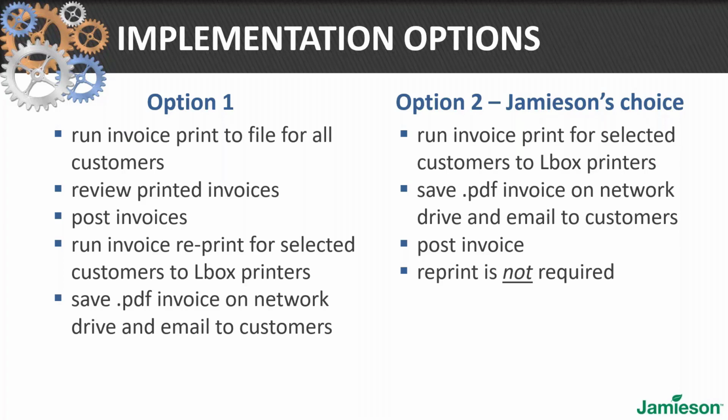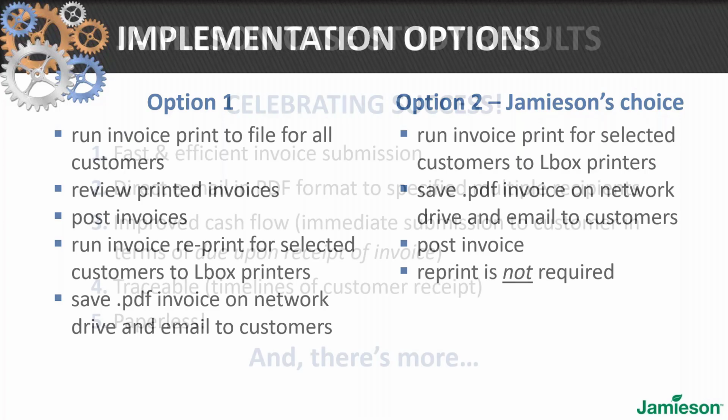However, at Jamieson, we decided to run the other option, which is invoice print, and that is we run invoice print to LBOX printers. PDF invoices are saved on the network drives and emailed to customers. This option doesn't require reprint because invoices are already saved, and if we need to reference, we can always find the invoice on a network drive.